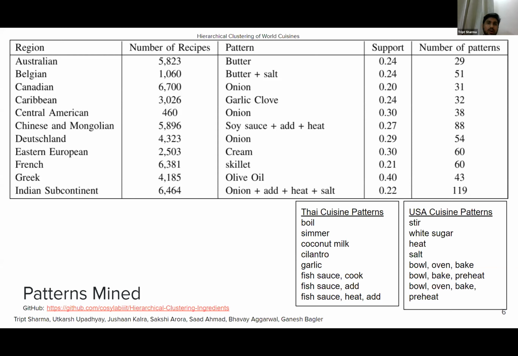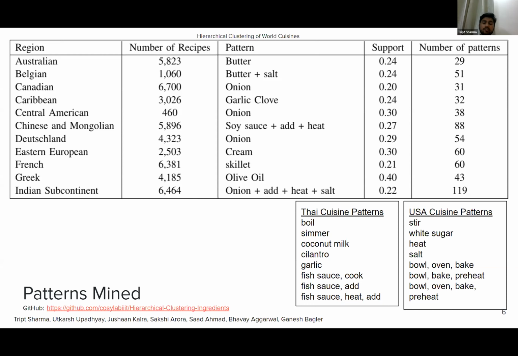Although I'm not a cook, I can say that this is an essential step which is important for creating any baking food. And the fact that the pattern is frequent in US cuisine, we can say that in US cuisine there are a number of recipes involving baking.